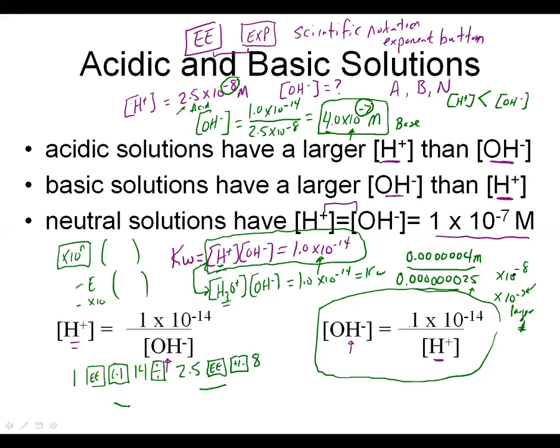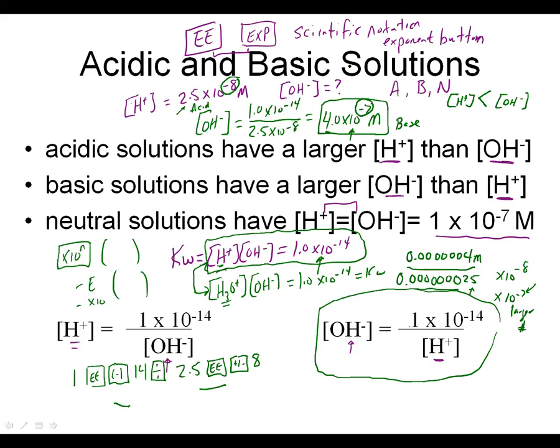Again, you could figure it out if you just write out all the zeros and stuff like that. So this is a very good way to figure out whether or not something is acidic, basic, or neutral. If you're given the H plus concentration or the OH minus concentration, which is typically something that you are given in a problem, you could calculate the other one. Again, it's basically the same calculation, regardless of which one you're given.